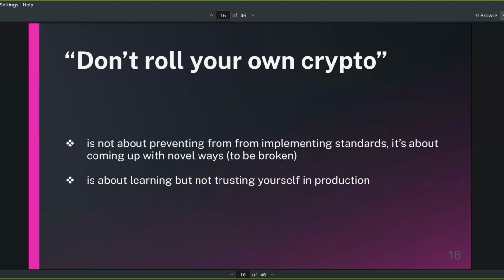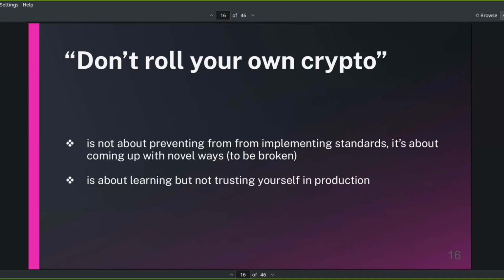So unfortunately, despite being a scientific domain, you have this argument from authority for don't roll your own crypto, because the burden of proof is on the side of the one creating his own crypto.